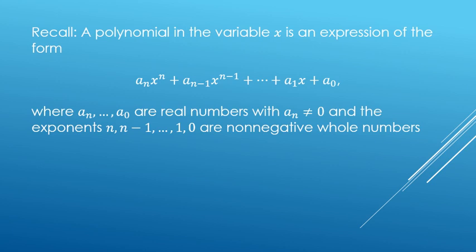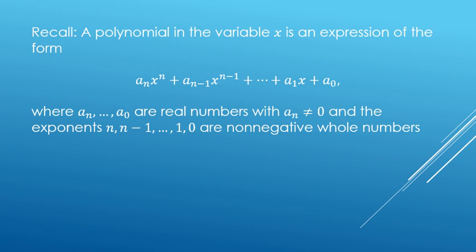So just as a quick recap, what is a polynomial? A polynomial in the variable x is an expression of the form a sub n times x to the power n plus a sub n minus 1 times x to the power n minus 1, and so on, all the way down to plus a sub 1 times x plus a naught, where these a's are just real numbers.